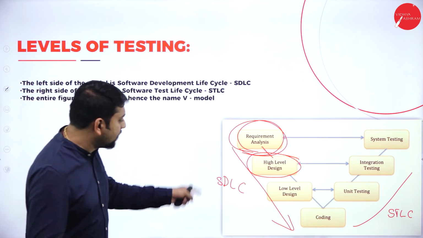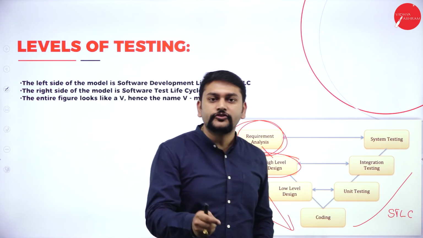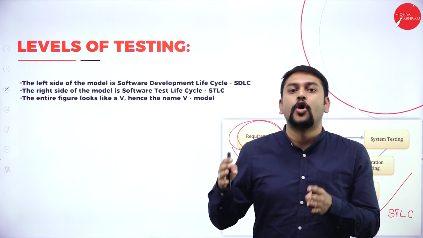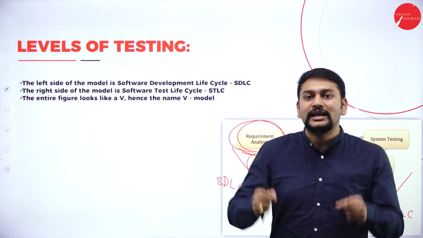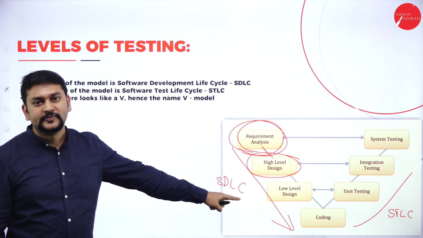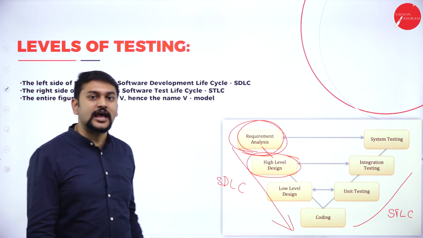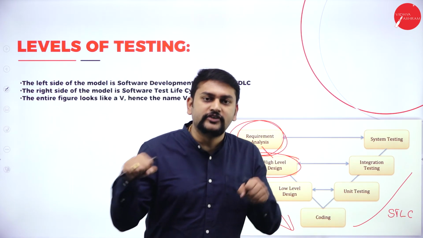But when it comes to the low level design, say for example, I have the software. That software is divided into separate modules. So for each module, you will have the complete detailed design in the low level design. That's what you need to understand. For example, in high level design, I'll give you the bike.